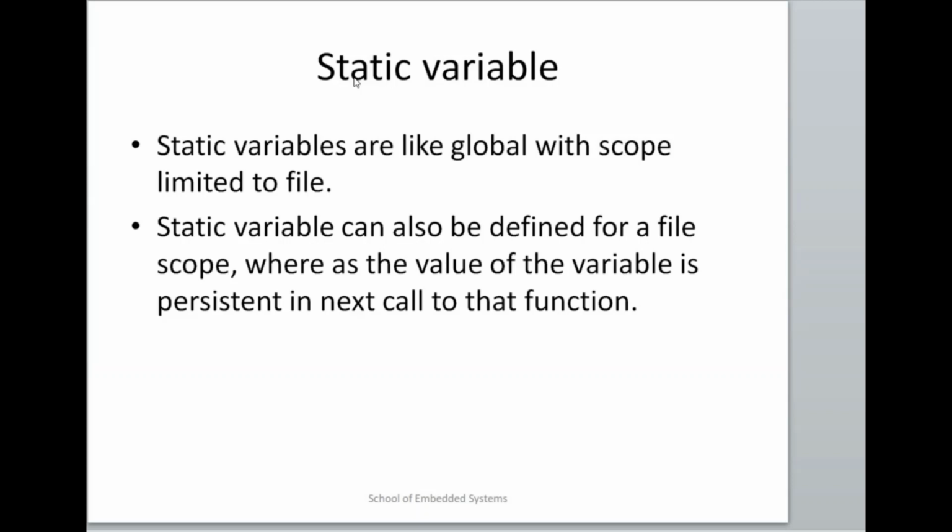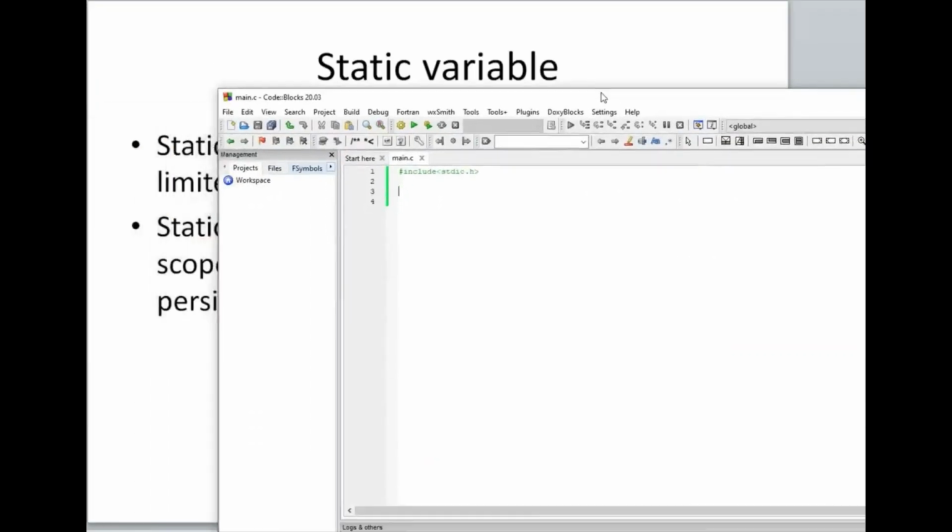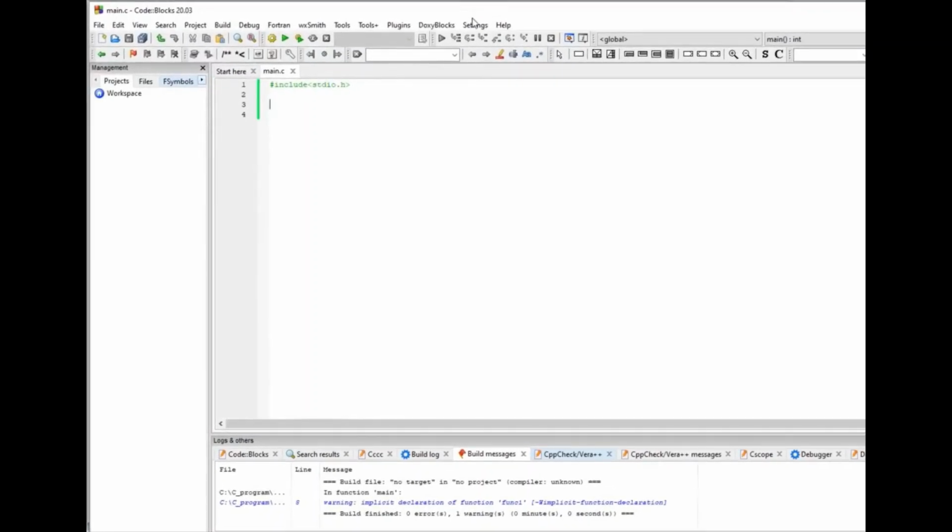Even when you call next time, it will have a value which is stored before. So I'll just show you an example of what I meant and how the static variables are function scope and file scope. Okay, so let me open Code::Blocks and show you. First, let me define a static variable which is only file scope.